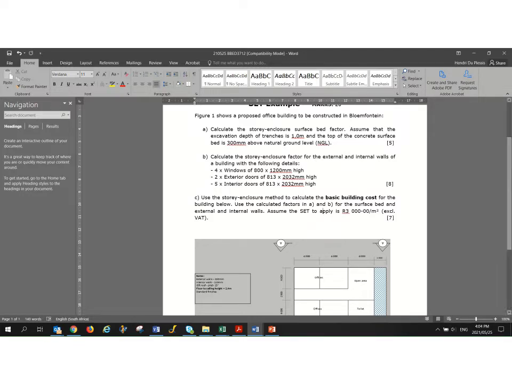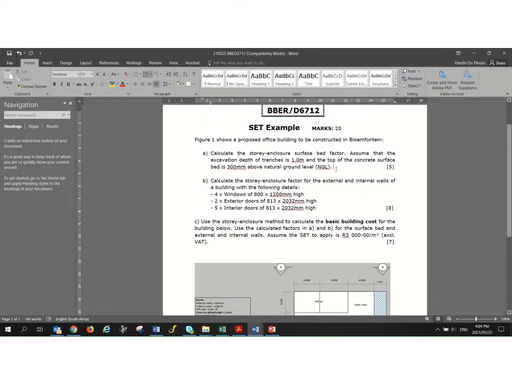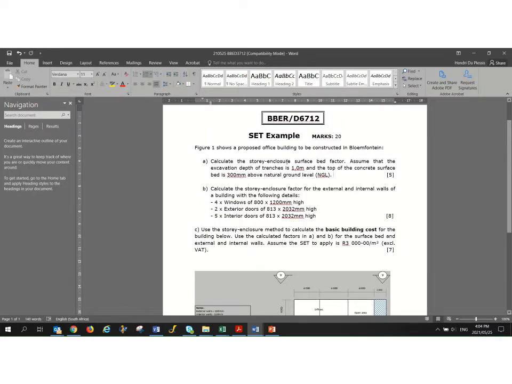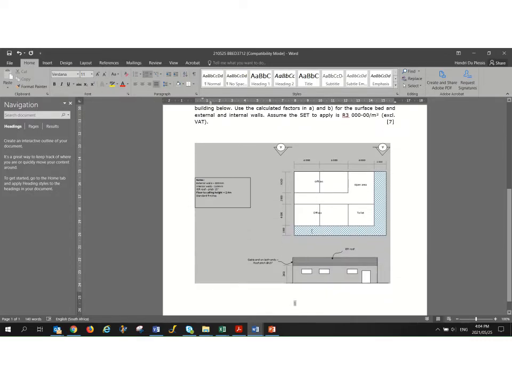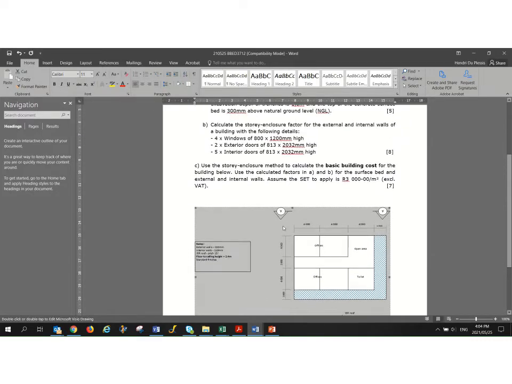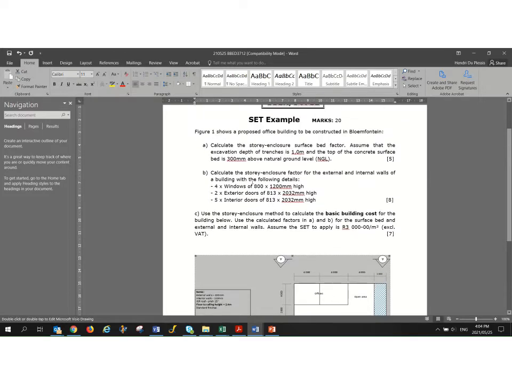So what you can see here is the example. I see there's a mistake here, I'll just correct that. Okay, so you've got a typical question of a drawing that is given, and then you have some different criteria surrounding it, and so on.